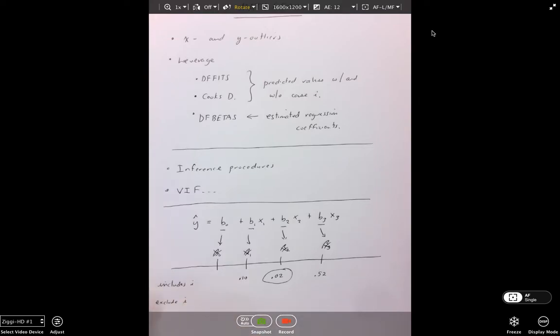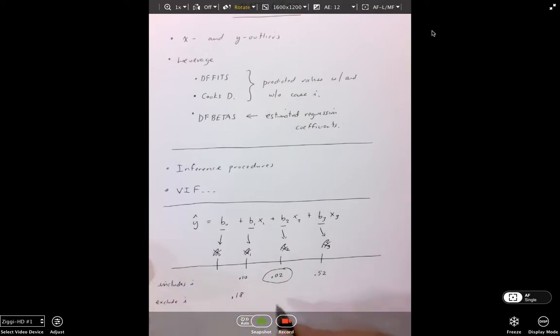We find reason, through DFBETAS, Cook's distance, DFFITS, X outliers, and Y outliers, that we should exclude the case. Let's say that when we exclude it, the p-value for the first predictor goes up, the p-value for the second predictor also goes up, and the p-value for the third predictor also goes up.